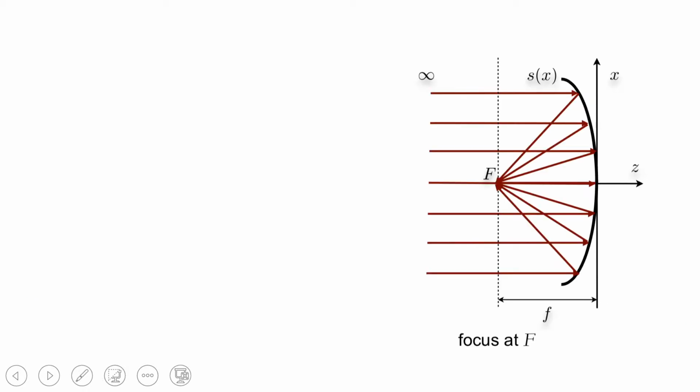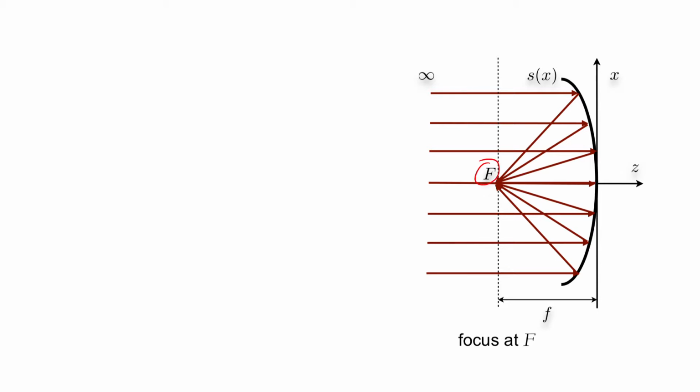In the last lecture, we have also briefly discussed parabolic mirrors. Here, what we would like to do is determine the shape of the mirror that we can use to focus a set of parallel incoming rays to a point capital F here, right?